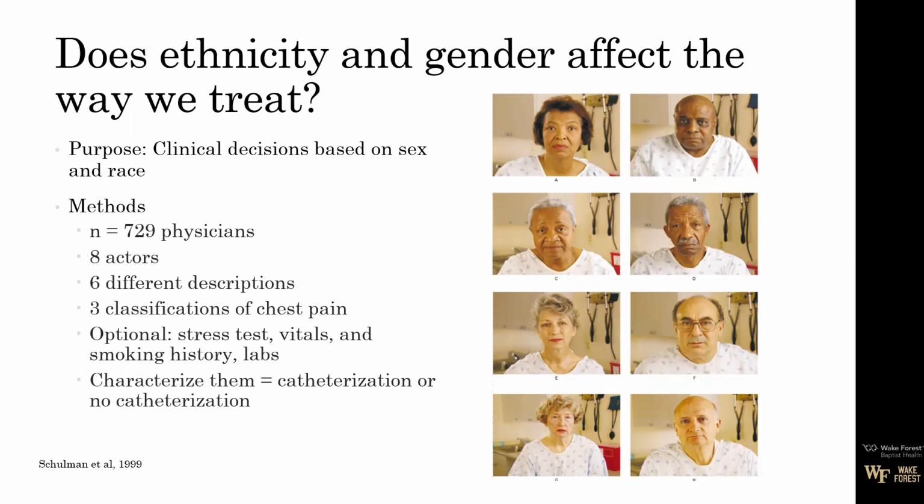Interestingly, in all these videos, every one of these actors was trained to do the same hand gestures and facial expressions. So really the only difference for practitioners was ethnicity and gender. All the videos presented the same descriptions, mixed up and randomized, and the physicians categorized them.